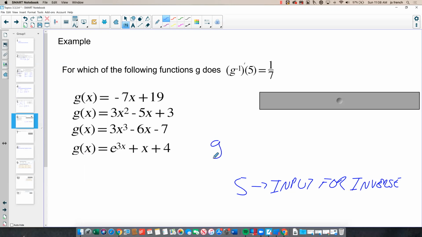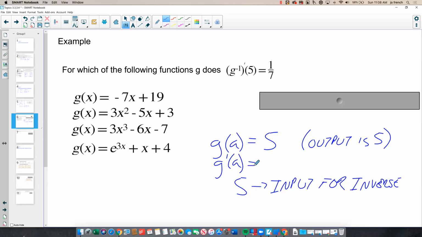So g of a is going to equal 5. And since the derivative inverse at 5 is 1/7, then g prime of a must be the reciprocal of 1/7, or 7.